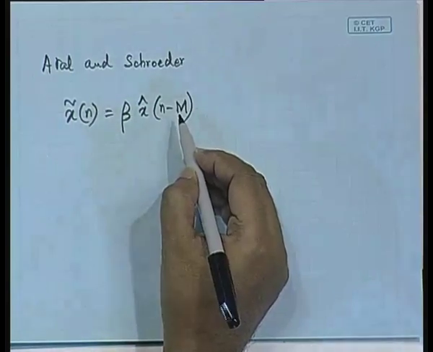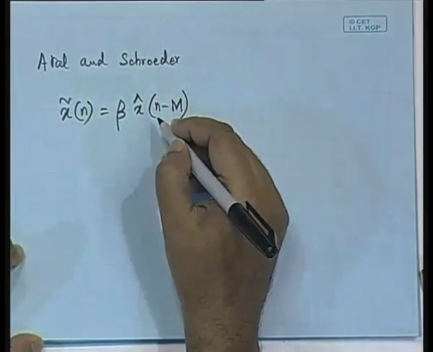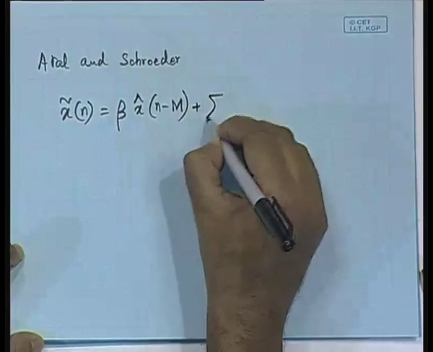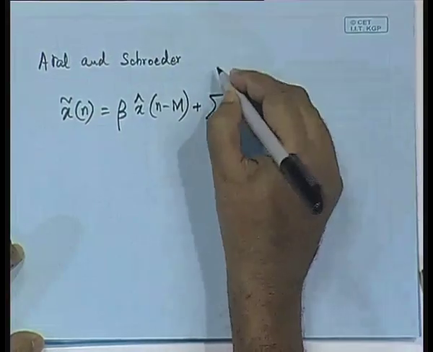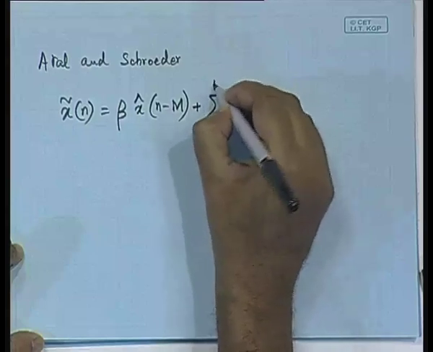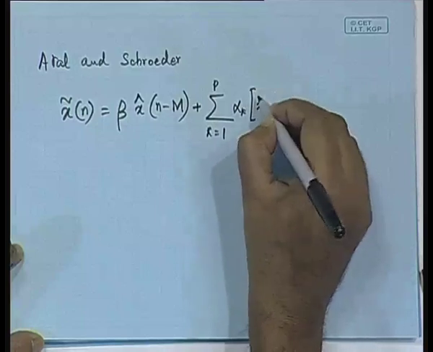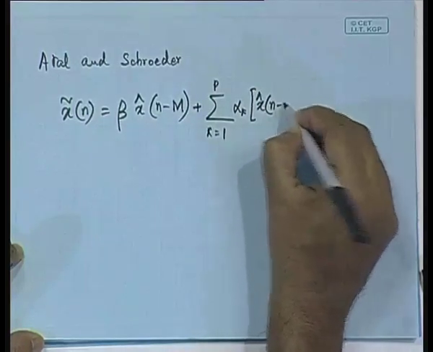So, we are making use of the correlation that exists because of the periodicity, plus we can have the regular prediction term, summation k equal to 1 to p of alpha k times x cap of n minus k.